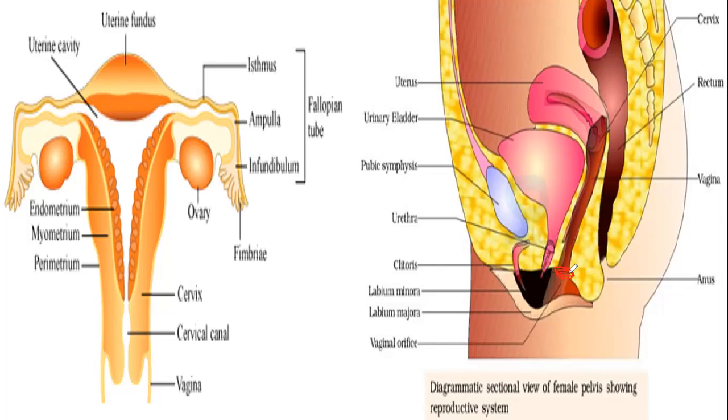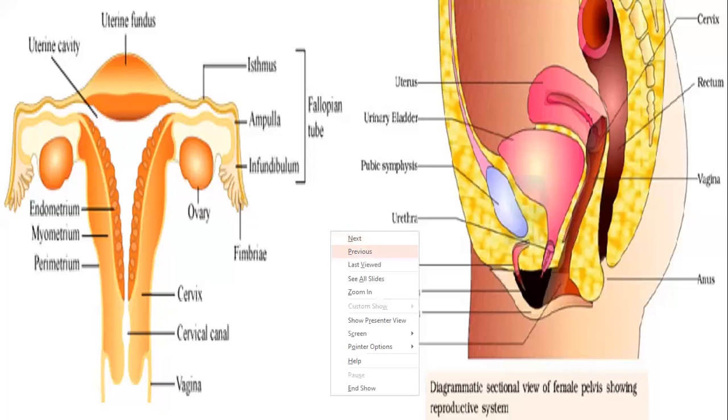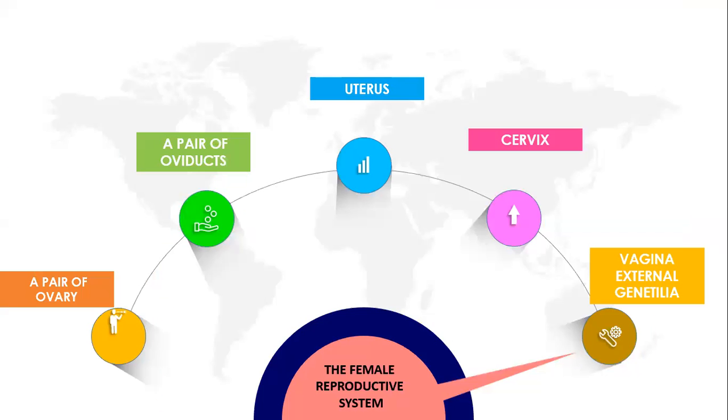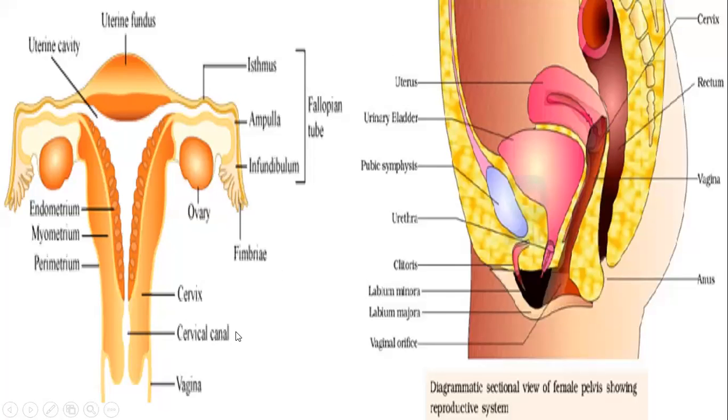Sometimes in some cultures people think that it is an indication of virginity, but it is not reliable. So once again, these are the different parts of the female reproductive system.